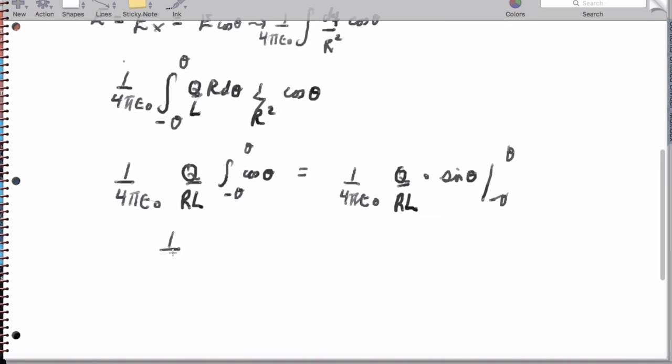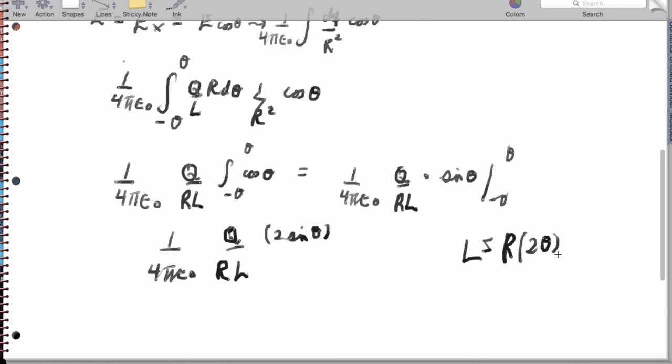So we're going to end up getting 1 over 4 pi epsilon naught q over r L times 2 sine of theta. Now I can write L in terms of the angle swept out as r times 2 theta, if you'd like.